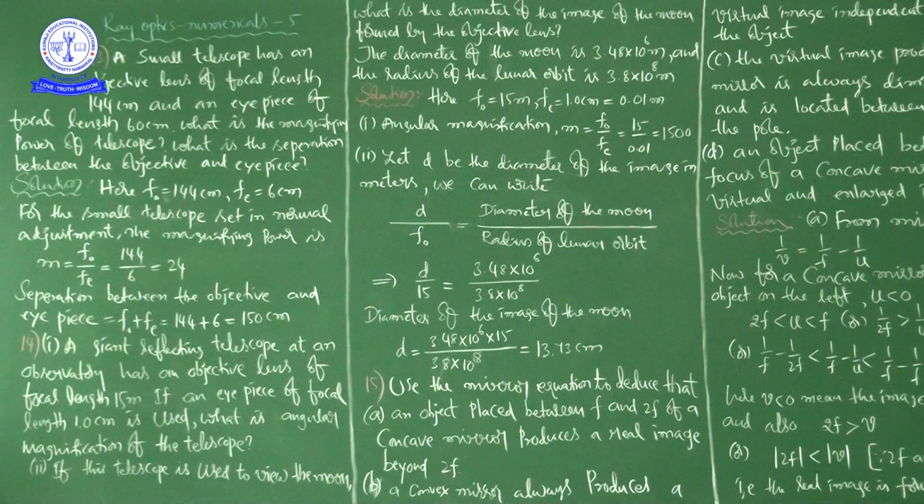Next, identify the quantity we wish to find. Then write down what is given and what we have to find. Afterwards, identify the formula. Identifying the formula is nothing but finding the relation among the given quantities and the quantity we should find. That is the formula.